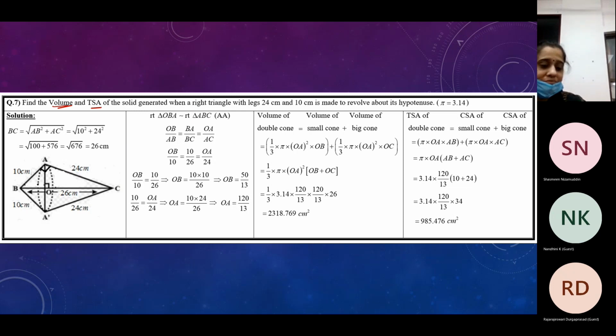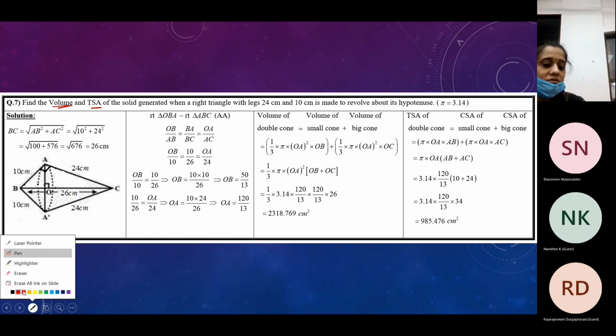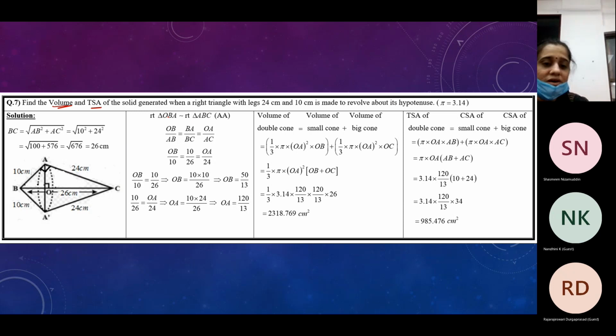So take up, I have taken up which triangles. You can again do it in different ways. I'll just see what I've taken. OBA. Okay, fine. I've taken this small triangle and the whole triangle ABC. The small triangle ABO and the whole triangle ABC.